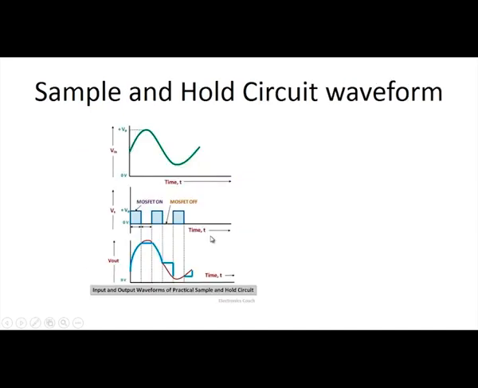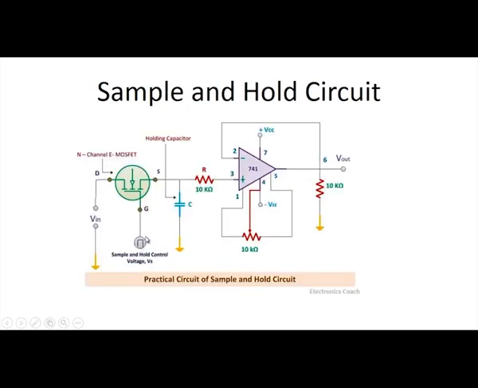And this waveform tells you how the capacitor samples and holds the input signal according to the control voltage given to the MOSFET. This control voltage is given to the gate of the MOSFET, and the input signal is given to the drain of the MOSFET. Here you can also use a voltage follower circuit if the input signal is very low.